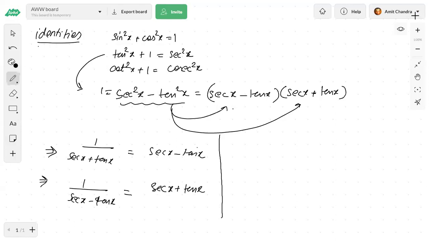Similarly, I can use the third identity.